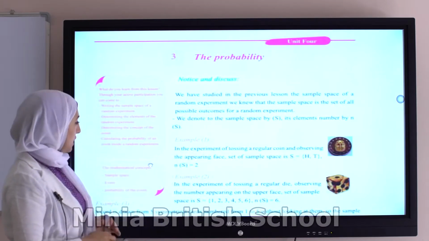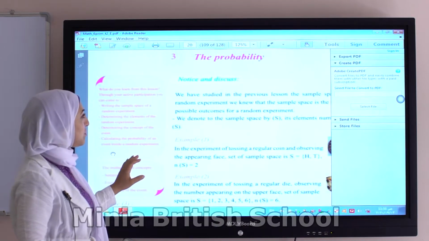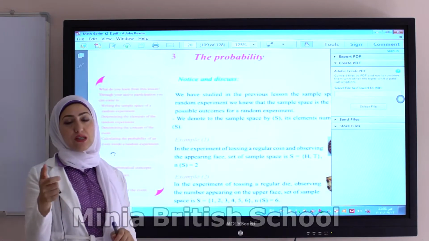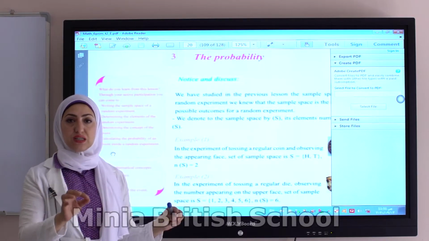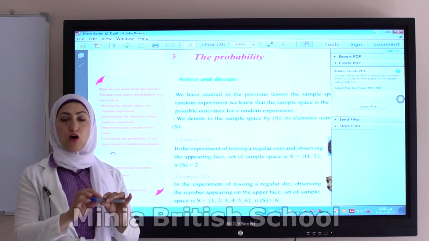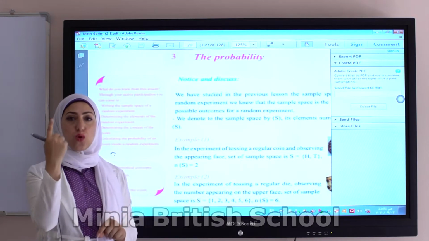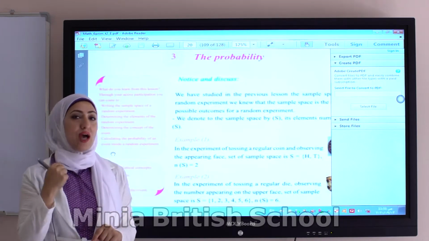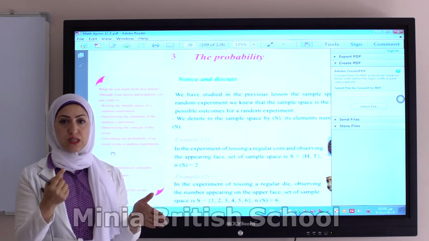Okay, let's see here. If I want to calculate the probability when tossing a coin, what is the probability of getting a head? It's half. How? Because the head is just one outcome from how many possible outcomes in this experiment.